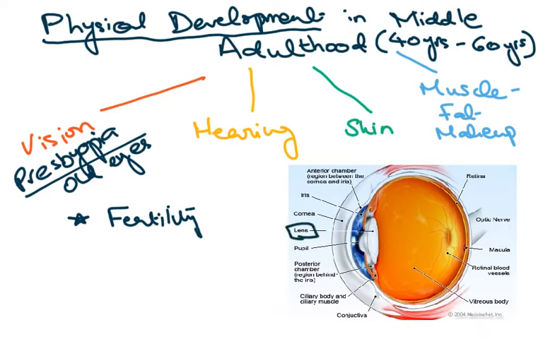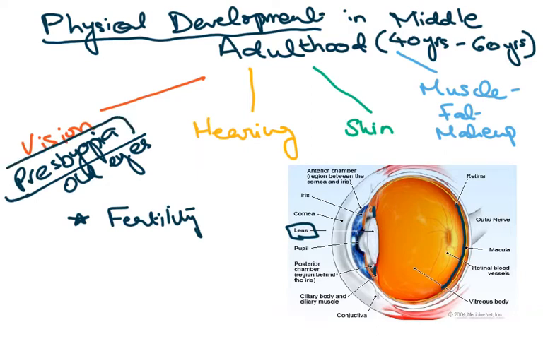What the lens does is that in order for the image to fall on the retina, which is right here, the lens either flattens itself out or thickens itself. With age, however, there's a loss of elasticity of the lens, and that's one of the factors that goes into the phenomenon of presbyopia, right?